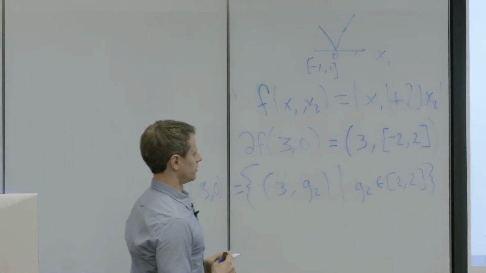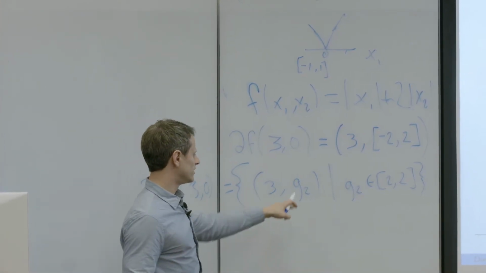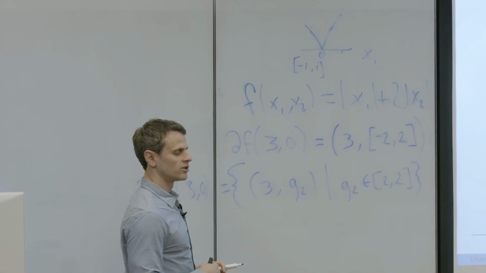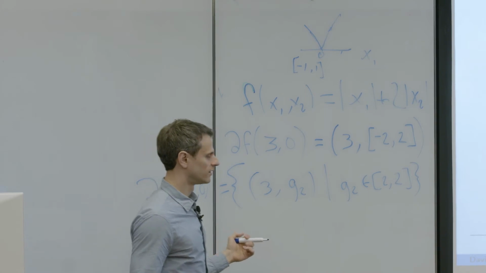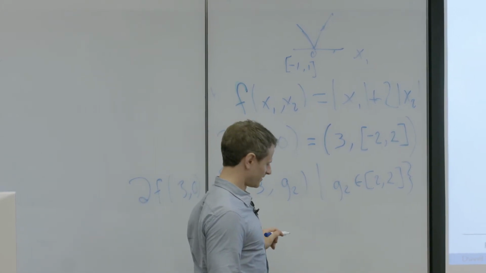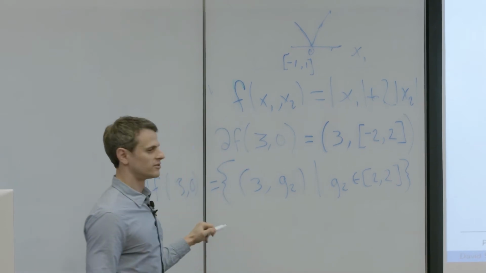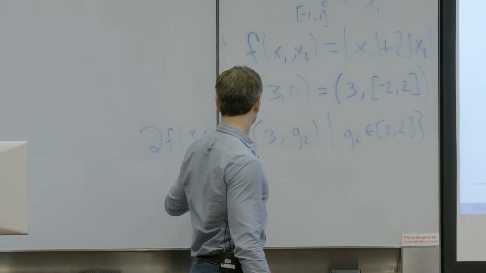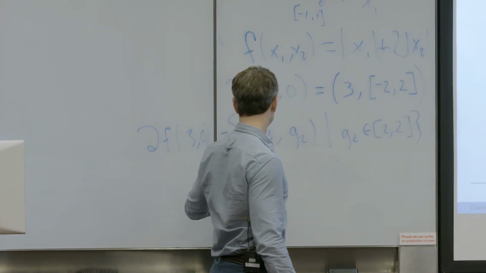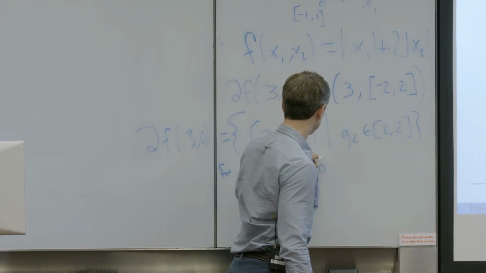All right, fine. So suppose I took a g in this set. Where does this g live? It's a vector. Take g for some g in the subdifferential of f at (3, 0).